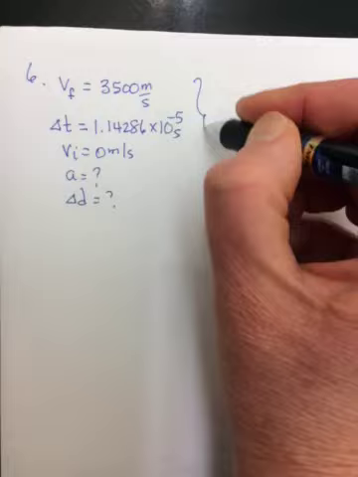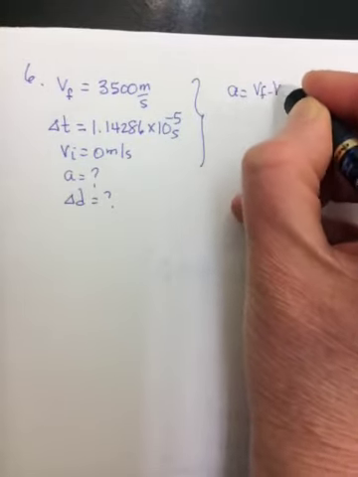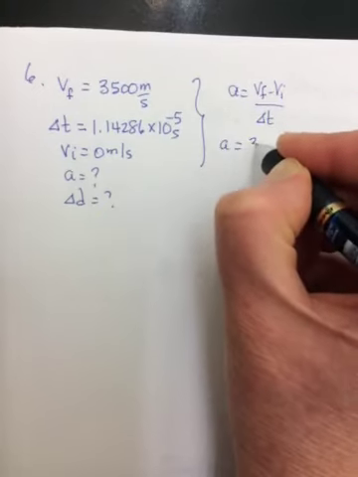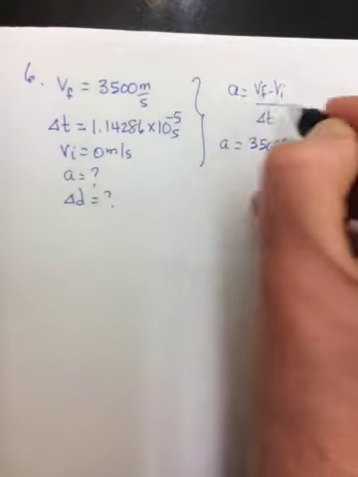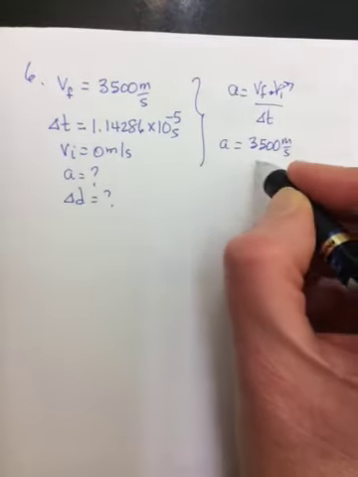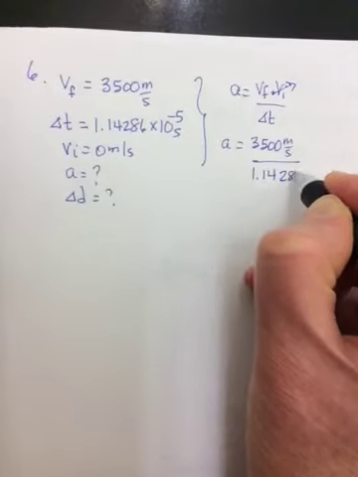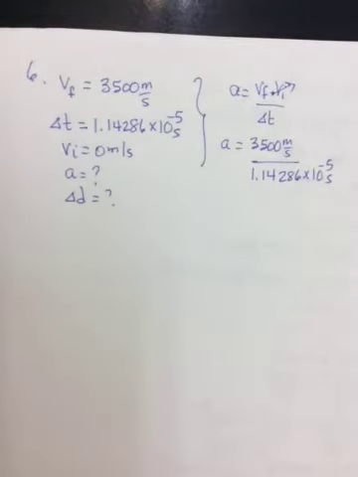So first, the acceleration, you can just use A equals VF minus VI over delta T. So A equals 3,500 meters per second minus 0, or you can just do this, over 1.14286 times 10 to the negative 5 seconds.